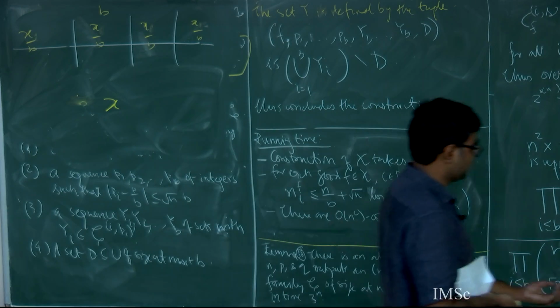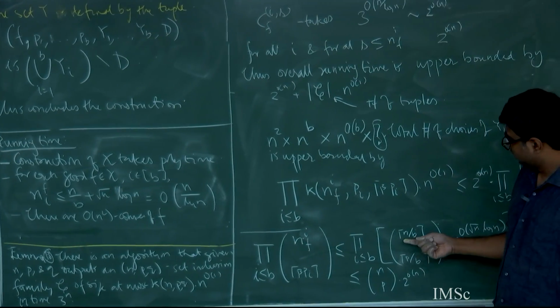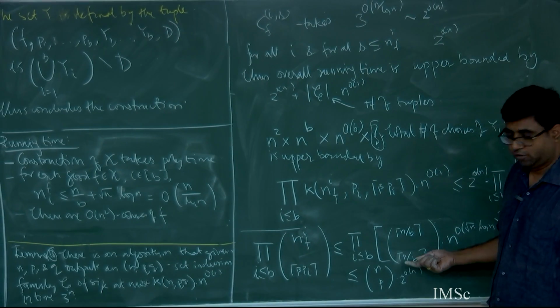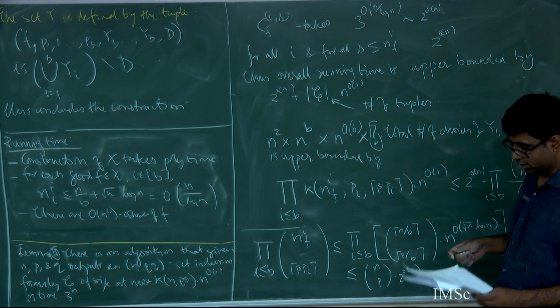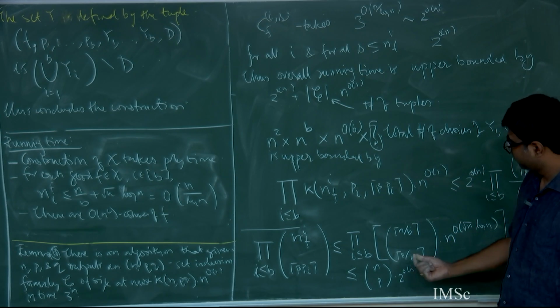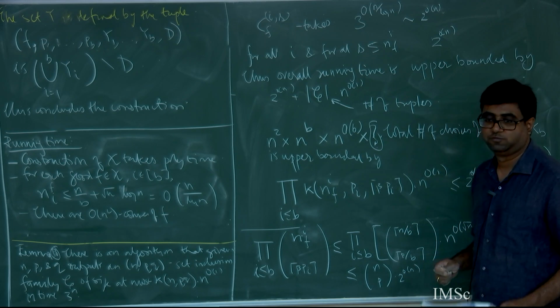So basically this is upper bounded, because you are choosing p by b sets of the universe of size n by b in each. This total thing is upper bounded by choosing b times p by b size objects from b times n choose b size objects.